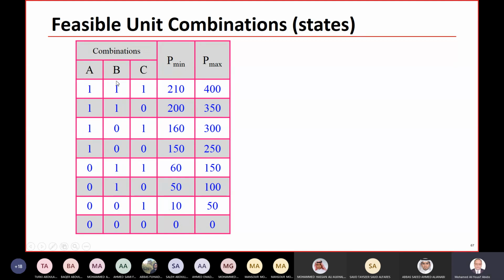And for each combination, you will see the minimum and the maximum. For this one, the minimum and maximum is 0. For this one, we have only unit number 3, so the minimum and maximum are given there. So 10 and 50. And then for unit 2 only, and for unit 2 and 3, so 10 plus 15, 50 equal to 60.